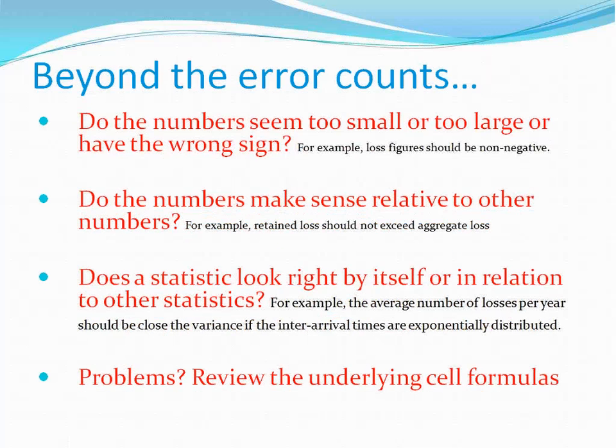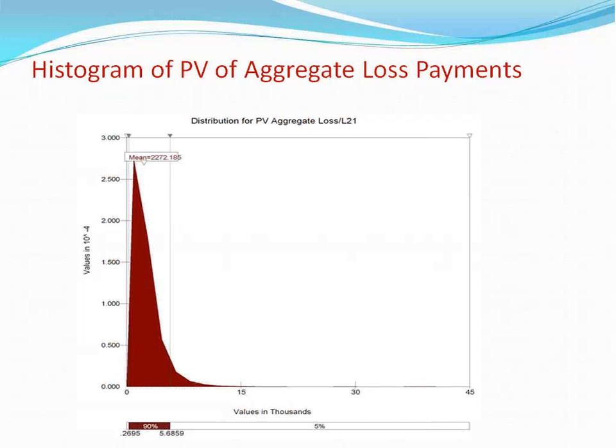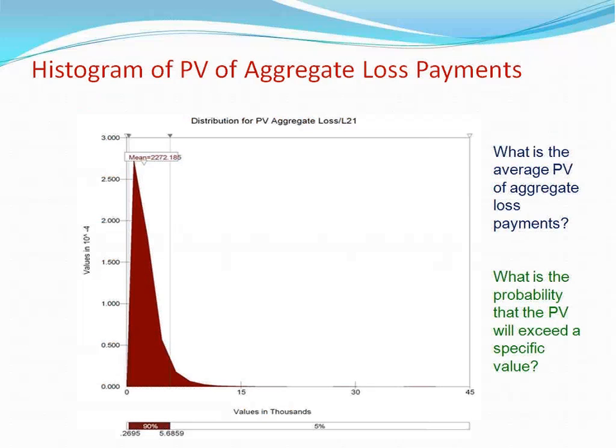Suppose everything looks fine, then you can proceed to examining the variable of interest. The output cell of interest in our case would be the one containing the present value of aggregate loss payments. We might be interested in the average present value of aggregate loss payments. We could also be interested in the probability that the present value will exceed a specific value, for example, the target premium for the policy.